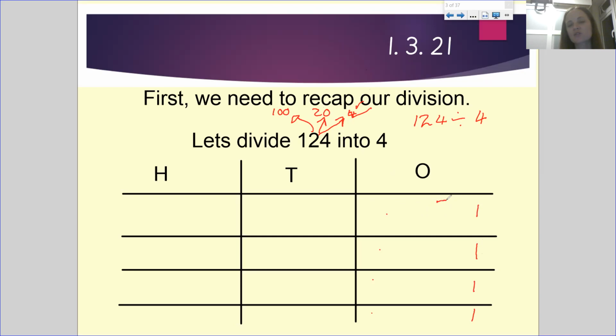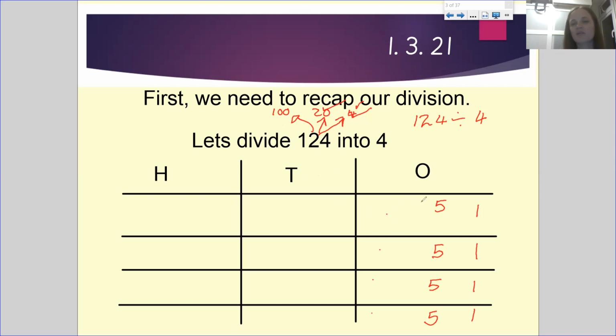So I'm going to write 5 in here. 5, 10, 15, 20. So I've divided my 20 into 4 equal groups. Then 100 divided into 4 equal groups is going to be 25 because we have 25, 50, 75, 100. So we would divide that by 4 and it gives me 25.